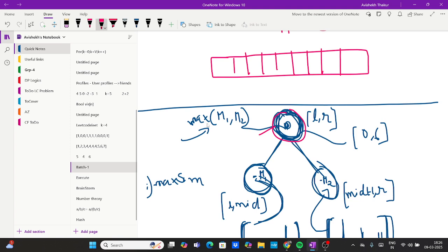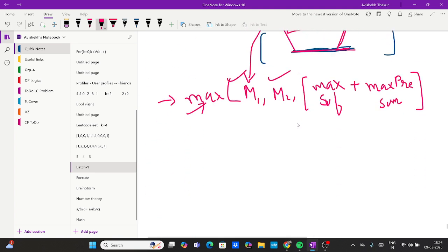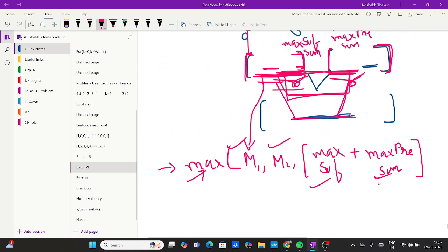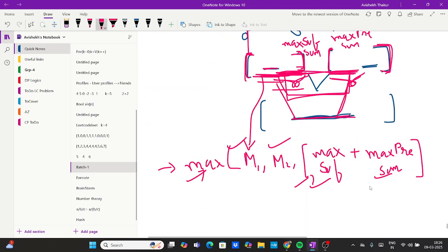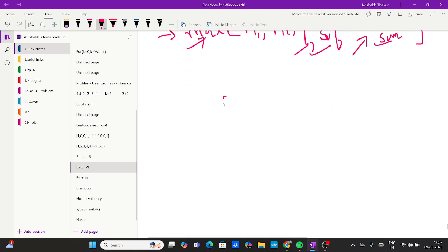But did we see that we also need the maximum suffix and maximum prefix, right? So for this node also I need to store the same information: maximum suffix and maximum prefix. We have these two subarrays. Okay, we combine these two to form a larger subarray.